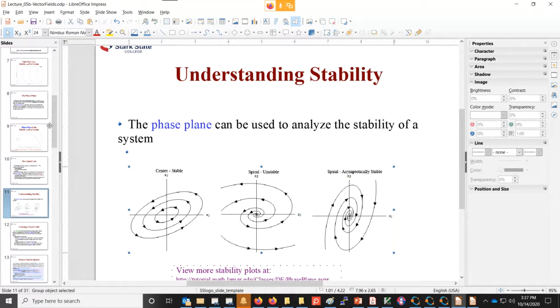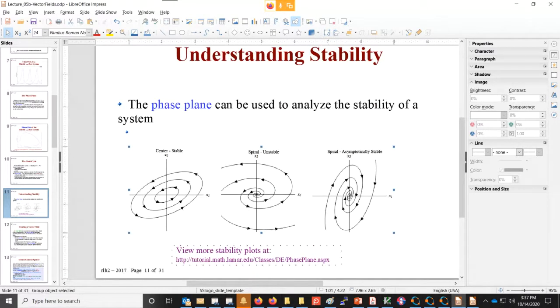And then if you look at the one on the right, we start somewhere, it could be anywhere, but eventually we're going to end up at a fixed point. No matter where we start, we're going to come into the fixed point.